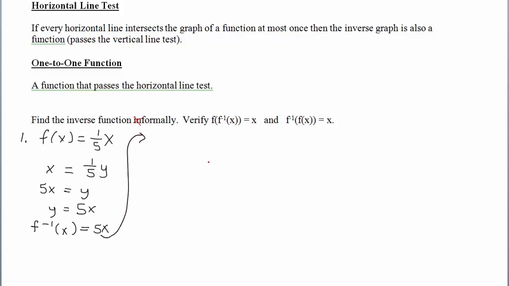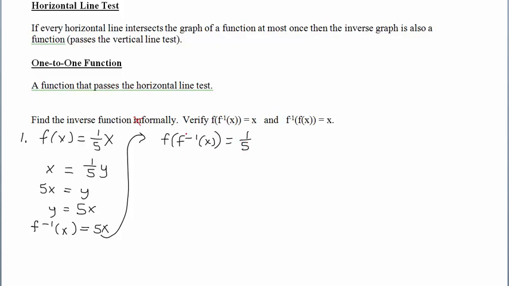All right, well, let's verify that they're inverses by performing these two compositions. So I guess the first one I'm going to do is this one right here. I'm trying to prove that the result of this composition is x. So I'm going to locate the inverse function, which is 5x, and I'm going to put it inside of the f function. Well, the f function is equal to 1/5 of x.